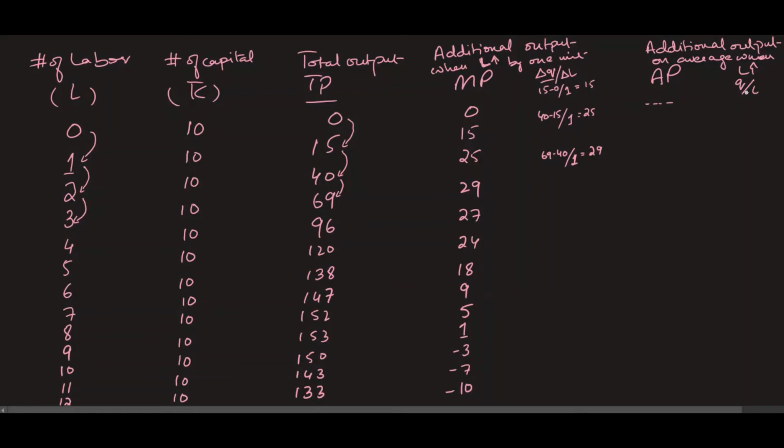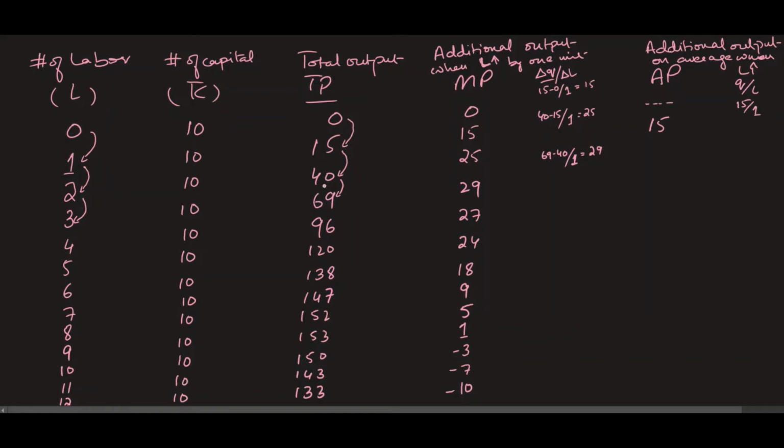This is calculated by Q over L. This is not the change in Q divided by change in L; this is simply Q over L. Moving from here, we have 15 divided by the number of labor, which is 1, and you will get the answer 15 again.